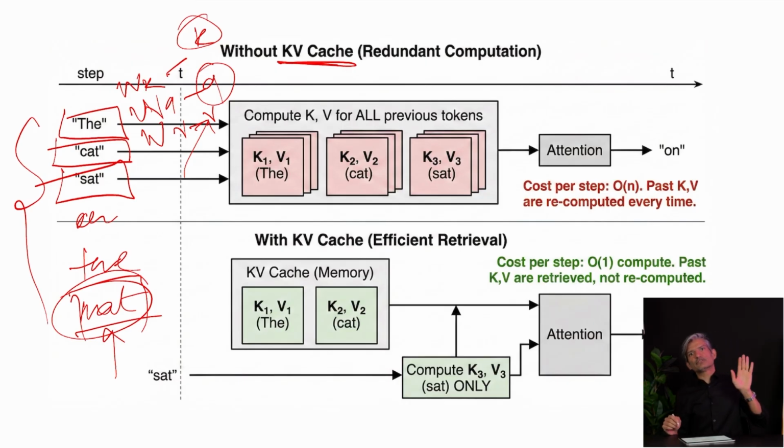So all we are saying is: please save your keys and values and use them when you have a new token. So for the new token, it's an order of 1 instead of an order of n. This is what we are essentially doing. So it's an order of 1 cost per step. Past KVs are retrieved and not recomputed, whereas earlier the cost per token was recomputed every time.